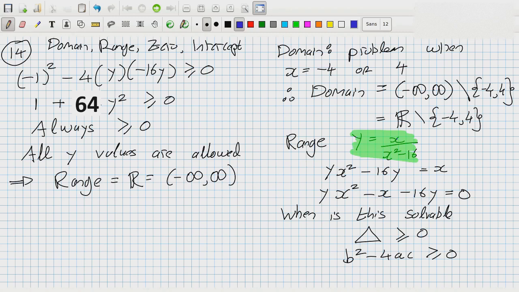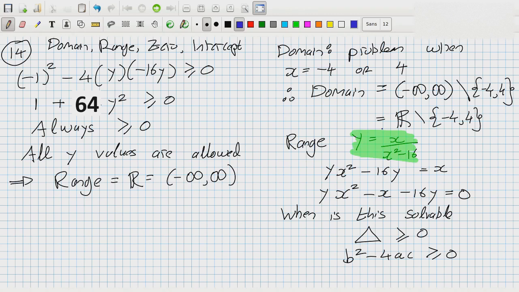Well, then I just make x close to 0, because 0 over a big number is 0 as well. So I think it's possible to achieve any value of y. I can always find an x that can give me that. The only values of x I can't use here are 4 and minus 4, but that would make this run off to infinity, and that's never something you could ask for y anyway. So I think that's okay.